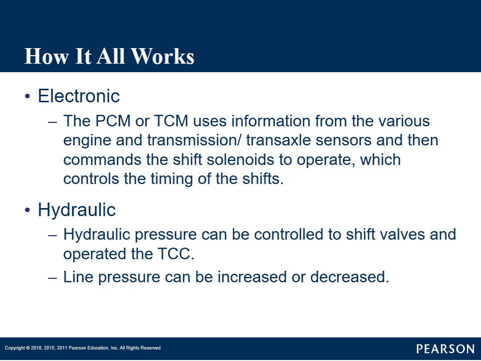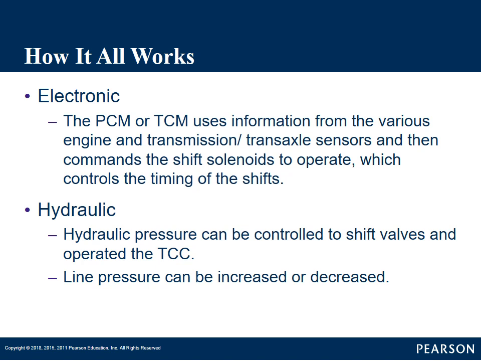The transmission still works off hydraulic pressure. We're using the shift valve solenoids to control and direct that hydraulic pressure to then act on our shift valves to shift the transmission or operate our torque converter clutch. Okay?